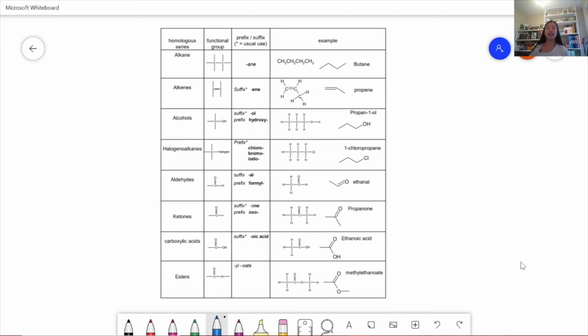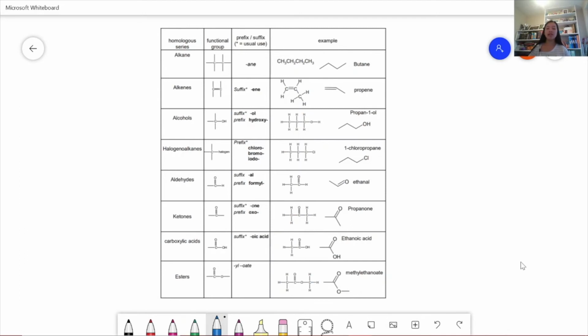Sometimes, if other things take priority over the alcohol naming, we use hydroxy as a prefix.